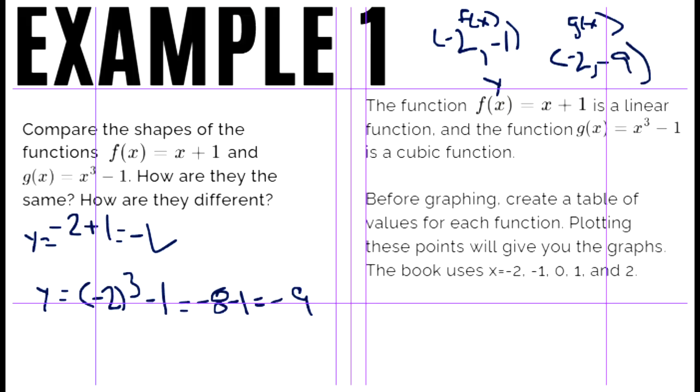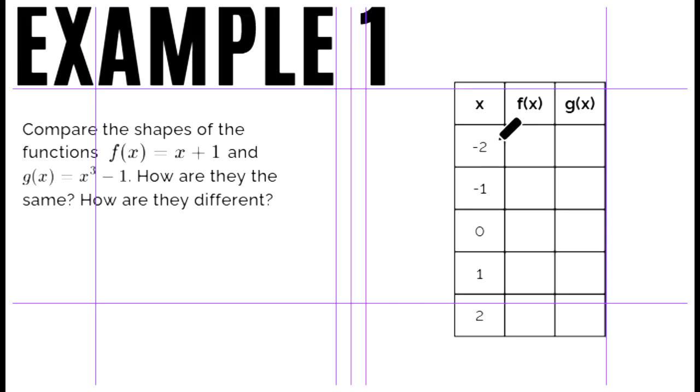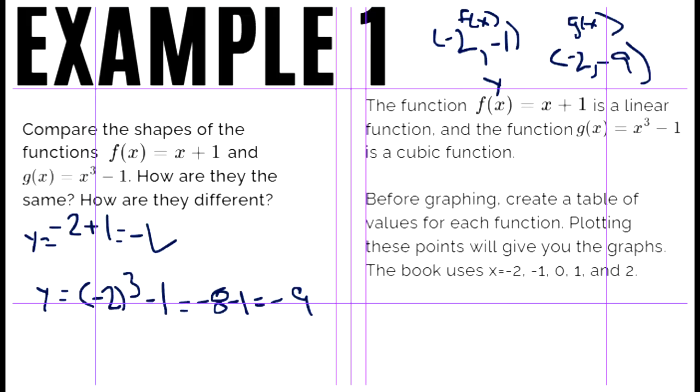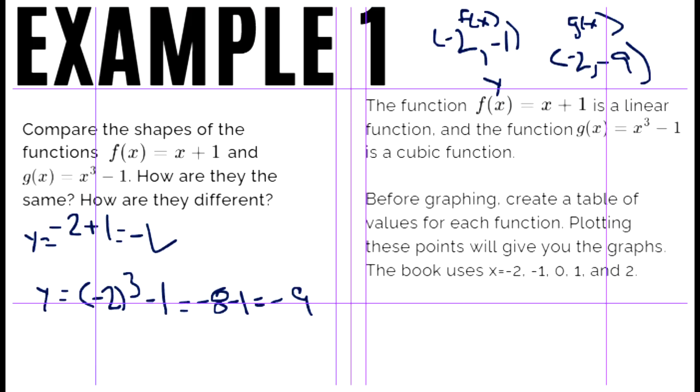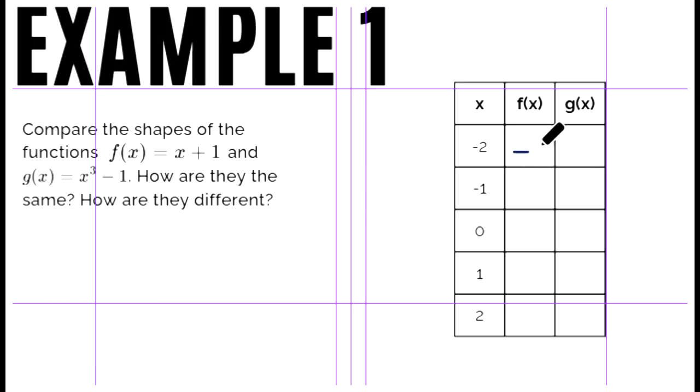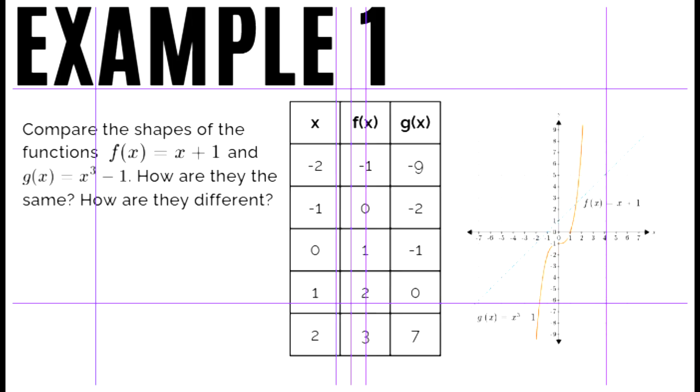And I'm going to come over and show you this table. So this would be right here. We have x is negative 2, then f of x is negative 1, and g of x is negative 9. And you would go down and fill it out for all of these. You don't have to right now. I'm just showing you how in case you need to.